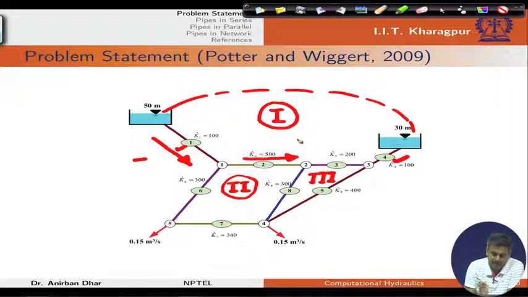So, depending on the loop we can define our sign for the discharge. During calculation we need to consider this specific sign convention depending on the nature or type of the loop.